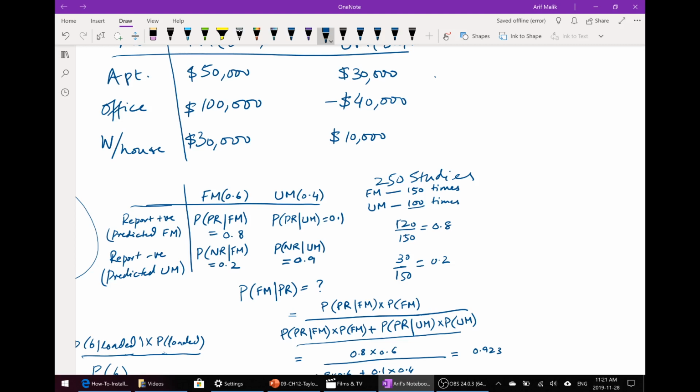So there are now two sequences of decisions we have to make. The first decision is whether to go for the report or not. If we go for the report, then there are two states of nature: either the report will be positive or negative. Then we have the second decision to make about these alternatives: apartment building, office building, or warehouse.